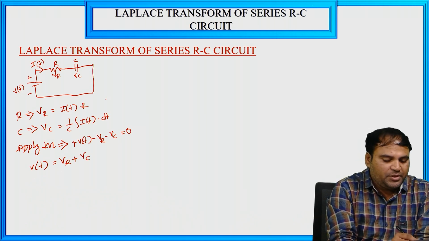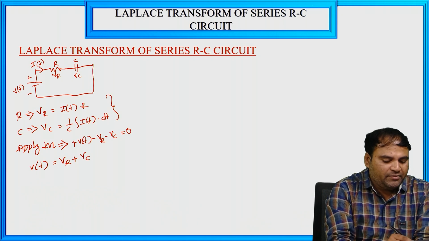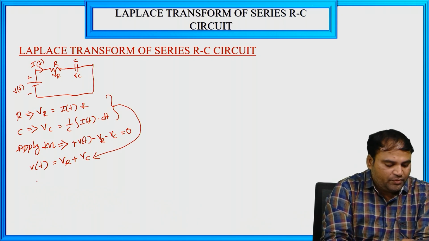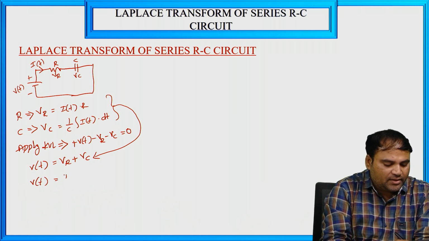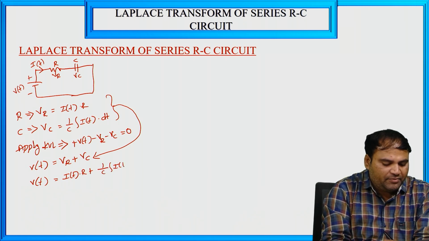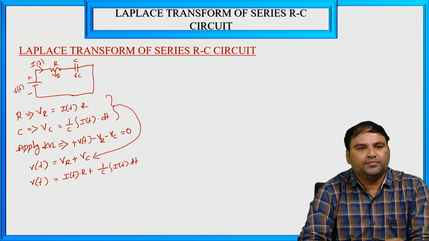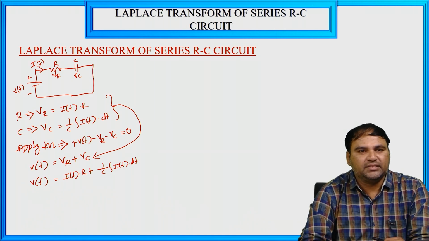Now substitute the VR value and VC value in this equation. So we get V of t equals I of t into R plus 1 by C integral of I of t dt.